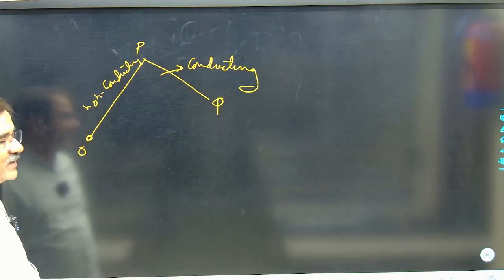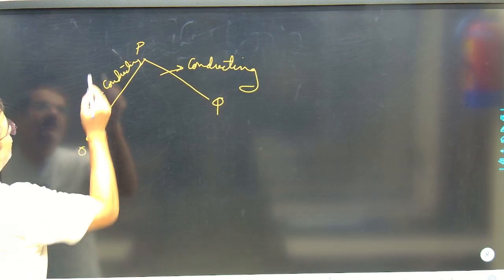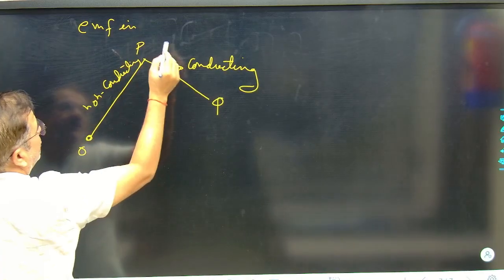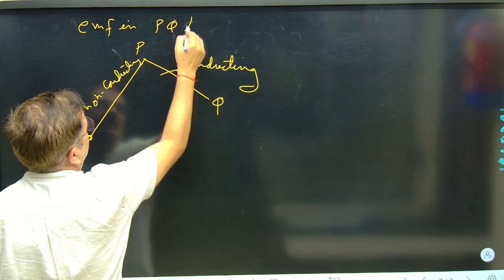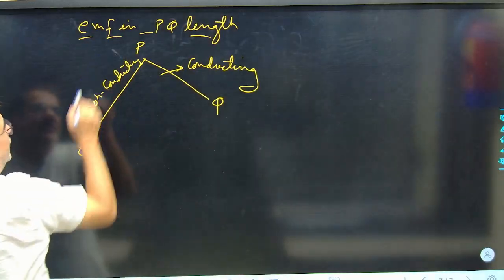So what can be the EMF developed in the PQ length? How will it be obtained?